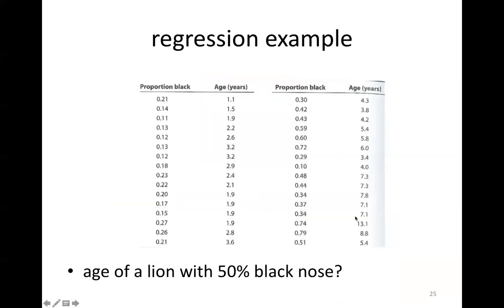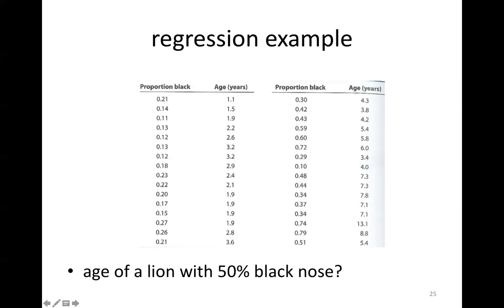Given a set of data where we know both the age of a lion and also how black its nose is, can we construct a reliable regression function that would allow us to predict the age of a lion whose nose blackness we could measure, but whose real age we don't know? Okay, can we use this as a prediction tool?